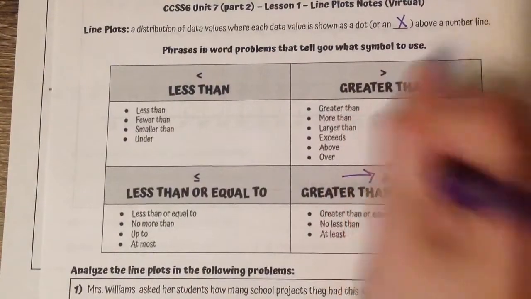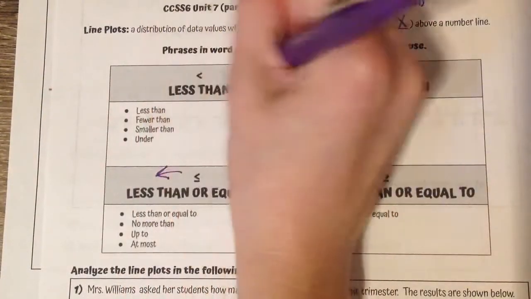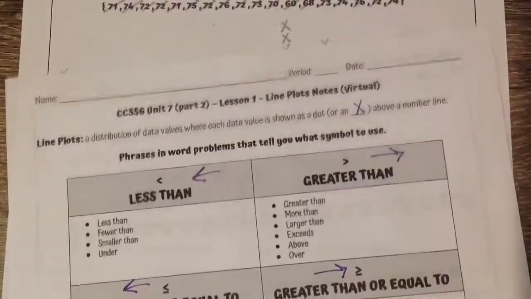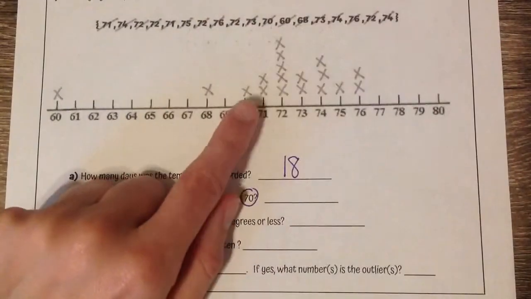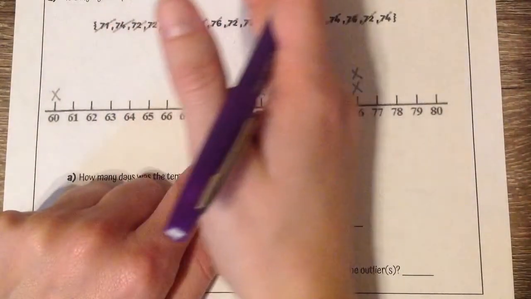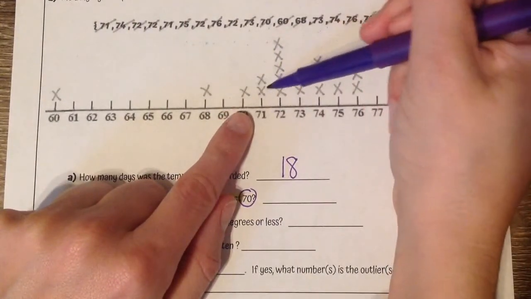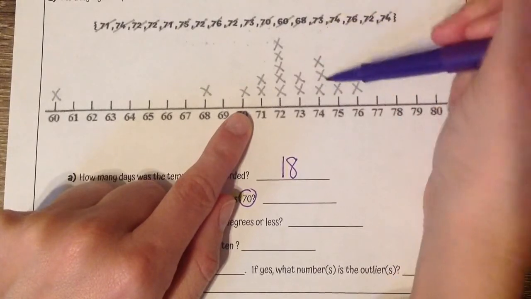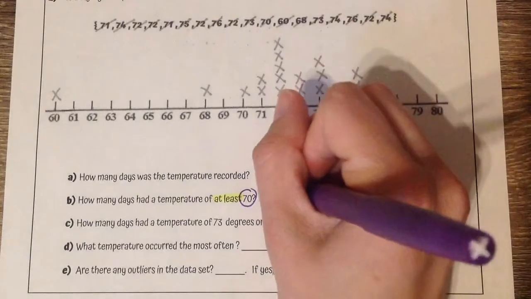Remember, this looks like an arrow pointing to the right, this looks like an arrow to the left. So we're going to find 70. That is included in our answer and anything greater than that. So we're going to count all these. 1, 2, 3, 4, 5, 6, 7, 8, 9, 10, 11, 12, 13, 14, 15, 16 total.